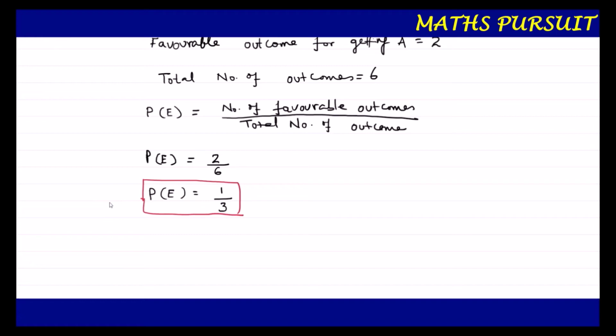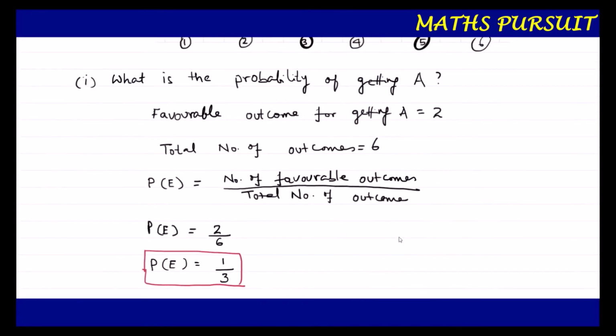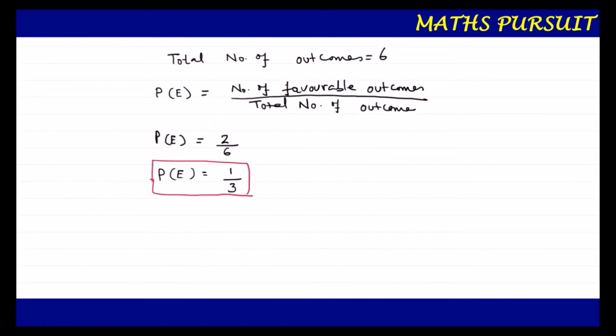The question is asking what is the probability of getting A. So the concluding answer is that the probability of getting an A is 1 upon 3. This is what we got.